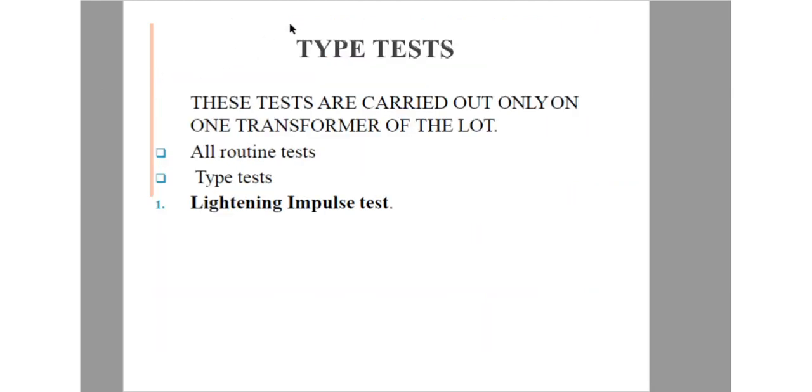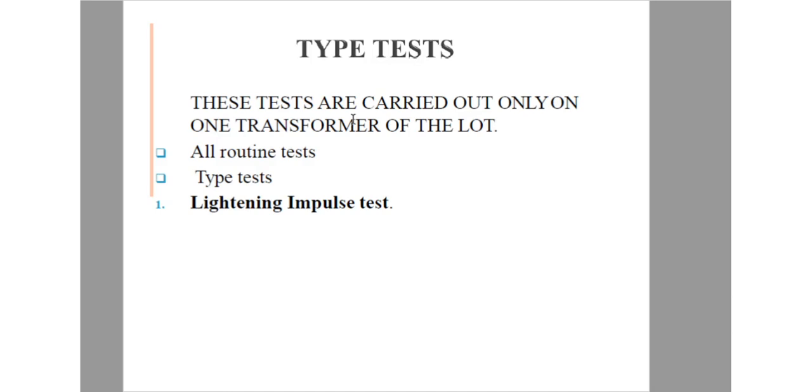Now, what are the type tests? It means that these tests are carried out only on one transformer of the lot. Consider a factory manufacturing transformers, where the industry manufactures 100 transformers in a day. So that is a medium scale industry.